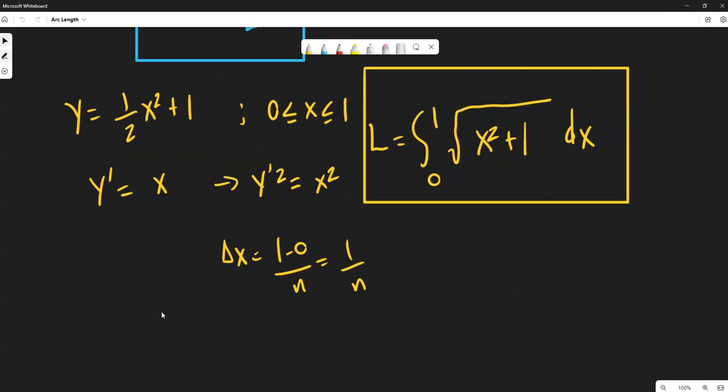Now, if we use technology, we'll find that the arc length is approximately 1.1478. Once we get to using trigonometric substitution, we can figure out what this is equivalent to.